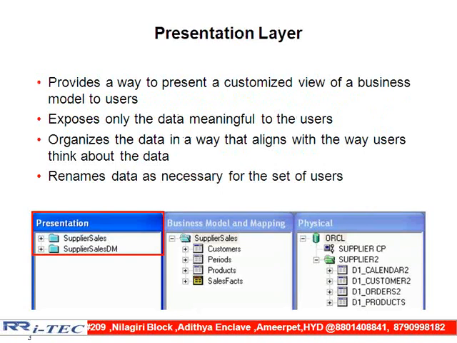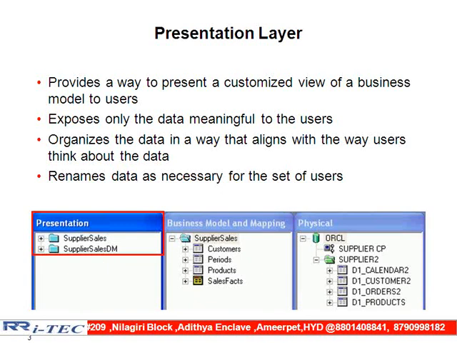The presentation layer provides a way to present a customized view of a business model to users. What does that mean? Suppose you see here, this is the business model supplier sales. From this supplier sales, I created two presentation subject areas. One is called supplier sales, the other one is called supplier sales district managers.